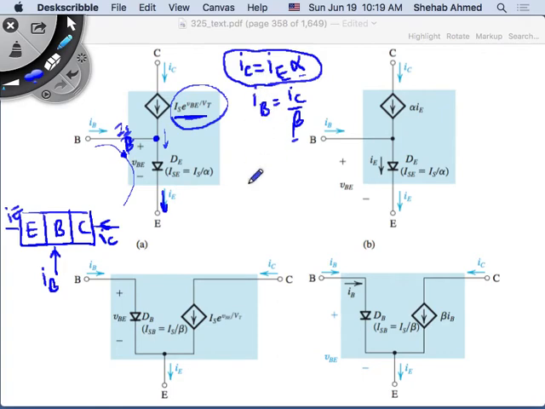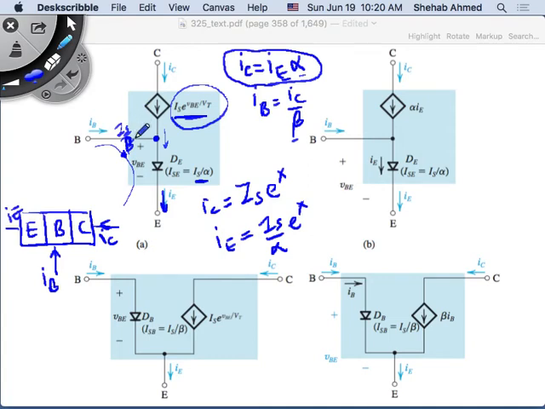If the collector current is IS e to the x, then the emitter current is IS over alpha e to the x, right? That's why they have this IS over alpha over here. We're okay with this? Does it make sense? We consider the base current very small, beta is large, alpha is close to 1. If that's the case, the collector current and the emitter current are related by this alpha. And that's how they're related.